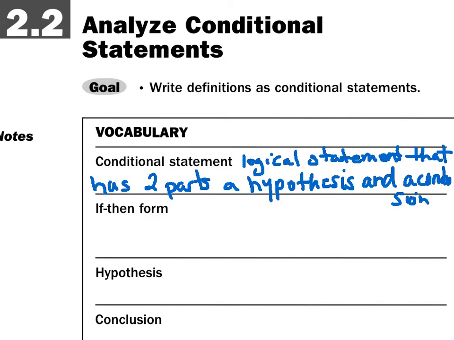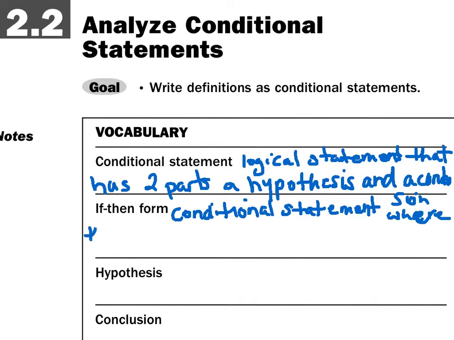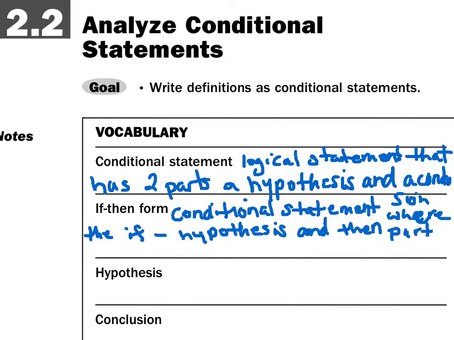If-then form. If-then form is a form of the conditional statement where the if includes the hypothesis and the then part is the conclusion.